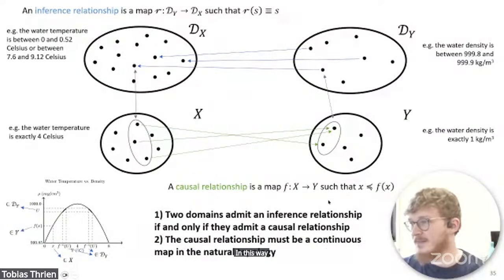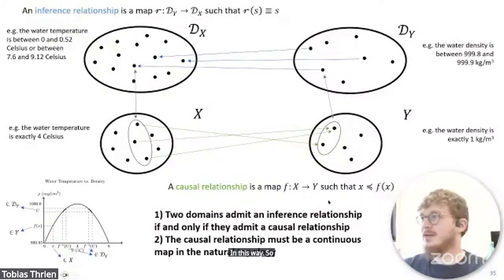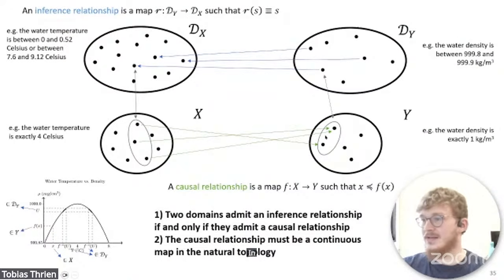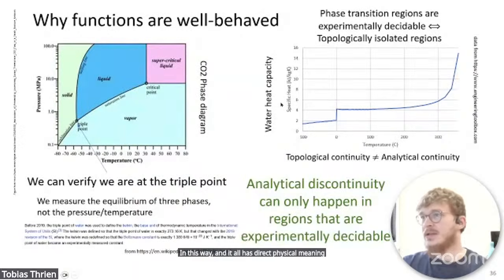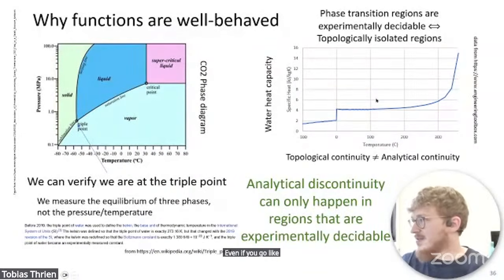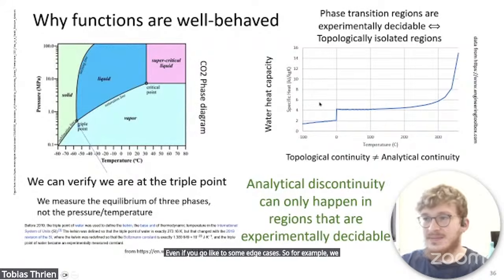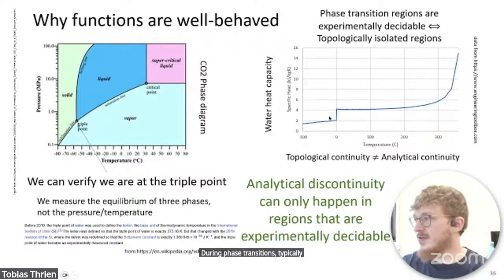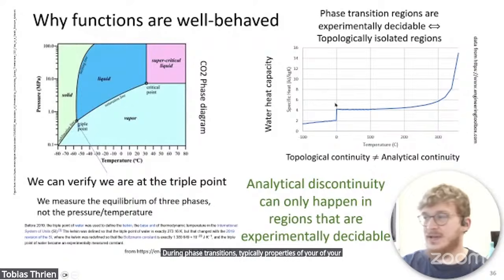Once you get a hang of it, you can interpret many properties in this way, and it has direct physical meaning now. Even if you go to some edge cases. For example, we do sometimes have discontinuous features in physics. During phase transitions, typically properties of your system have discontinuous jumps.